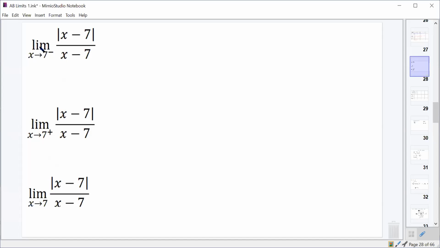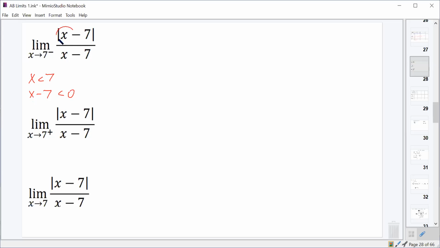So if x is approaching 7 from the left, what does that tell you about x? X is always negative. X is not necessarily always negative. Less than 7. X is always less than 7, which tells you that x minus 7 is always less than 0, or always negative.